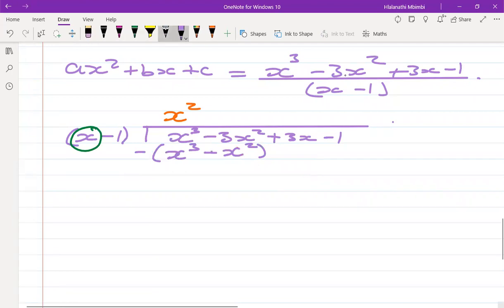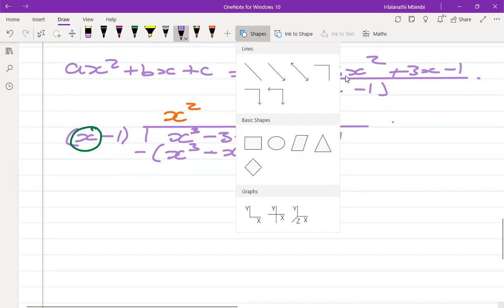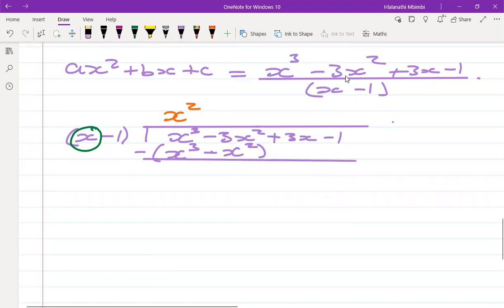Okay, anyway, and then you divide, not divide, sorry, this is not a division line. You will multiply this negative that's outside right through there. So what's going to happen is that you're going to have a negative x cubed and a plus x squared.